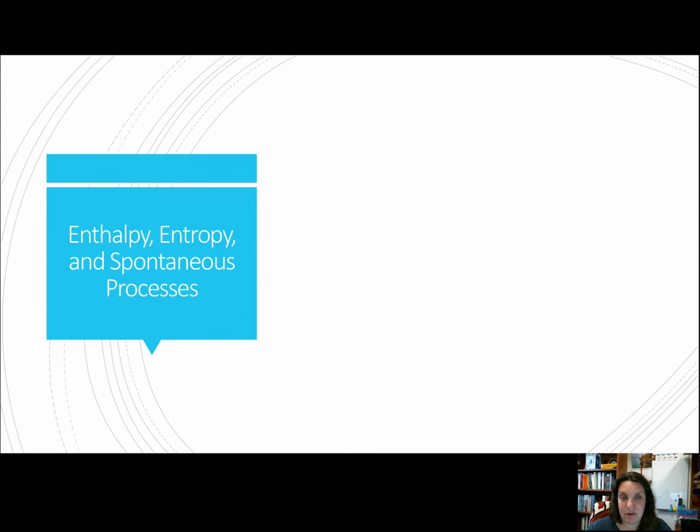Okay, so to understand entropy and our thermodynamics, we need to look at enthalpy first, then we'll go into entropy and spontaneity. So talking about enthalpy change, we're talking about delta H. Keep in mind, enthalpy itself just tells us the direction of heat.